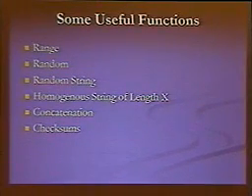Some of the most useful are range, which will range from the minimum argument to the maximum argument. So you could target a range of IP addresses from 192.168.0.1 to 192.168.0.255 or something like that. Random I already talked about. Random string is something you might want to do for fuzzing.